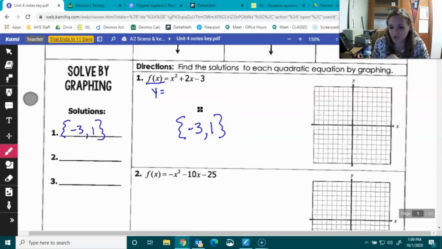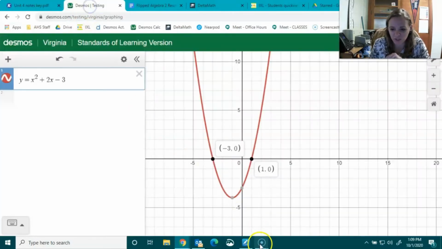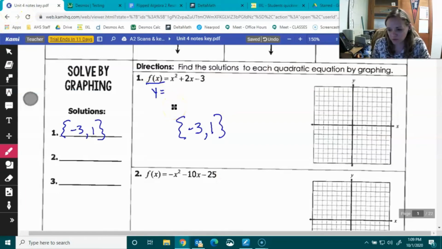Yeah, I may have you copy this down. I mean, potentially I could. So now that I'm thinking about it, that shouldn't be too difficult. The main thing I want you to do is plot your vertex. So -1, -4. These are the points I'm really concerned about.